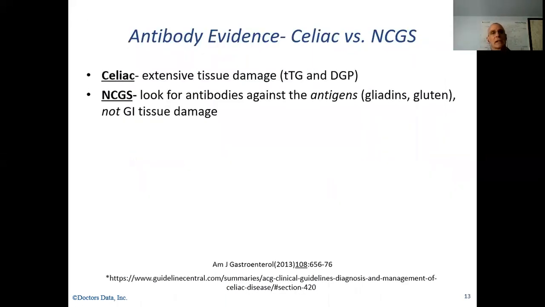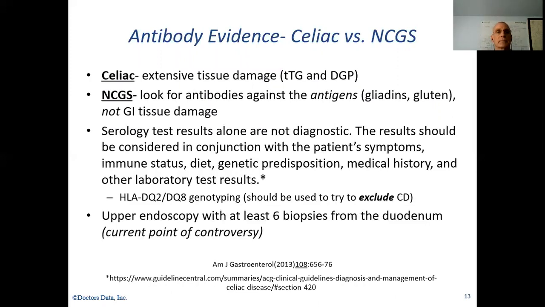So just again, just to summarize, for celiac, we look for the TTG and the DGP as an indication of severe tissue damage. For non-celiac gluten sensitivity, we look for antibodies against the assault of antigens, that is the gliadins and gluten, but we don't see the tissue damage antibodies.